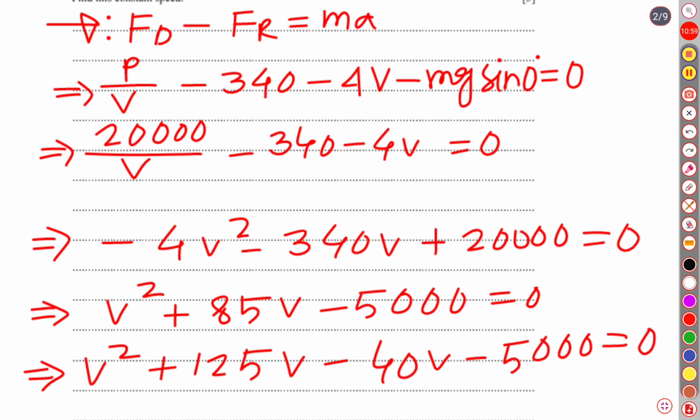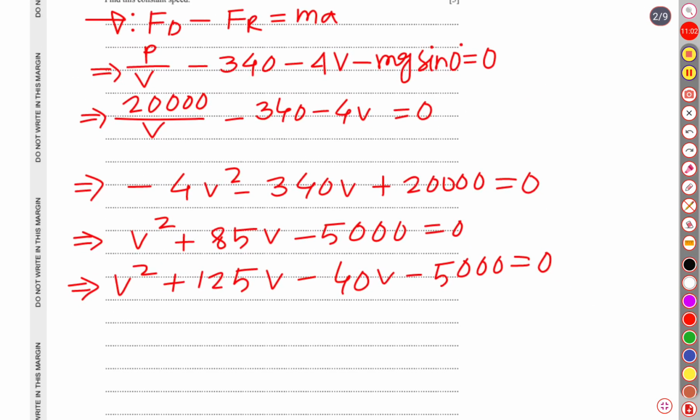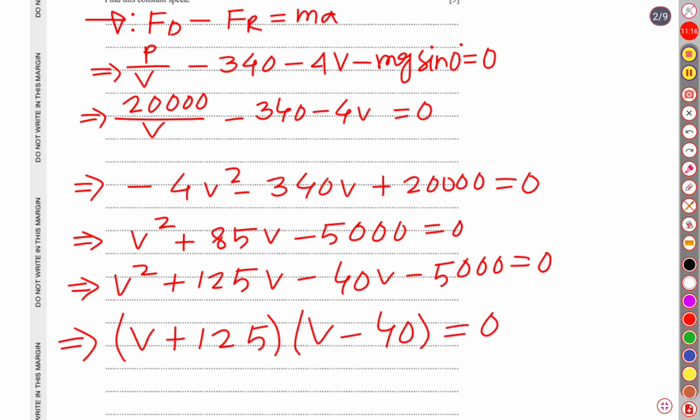If we simplify more, I mean if we factorize, it is going to be V plus 125, then V minus 40 is equal to 0, where 40 is common. Hence our velocity is equal to 40 meter per second.